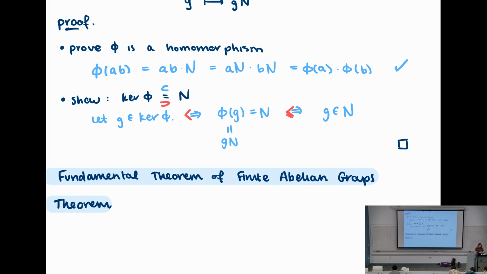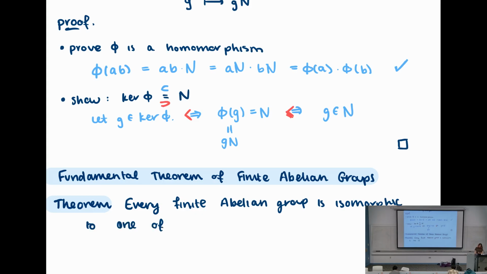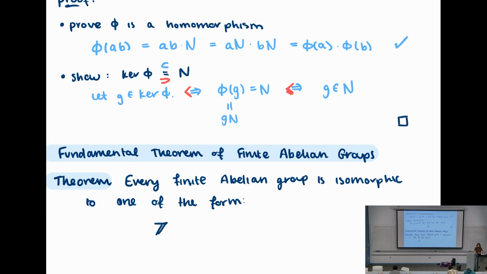So it says that every finite abelian group is isomorphic to one of the form Z mod a prime number, so this cyclic group, to the n1 power, direct sum with other cyclic groups that look like that.